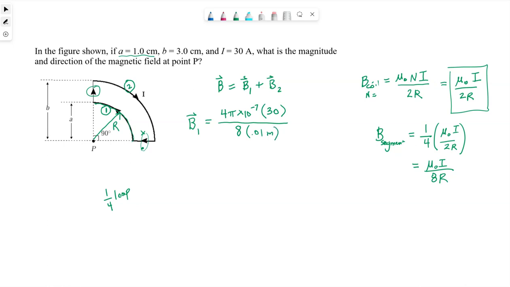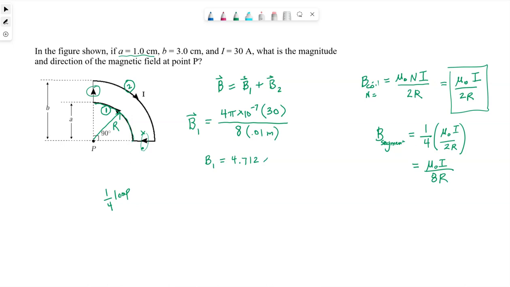So B1, plugging the numbers in, four point 712.